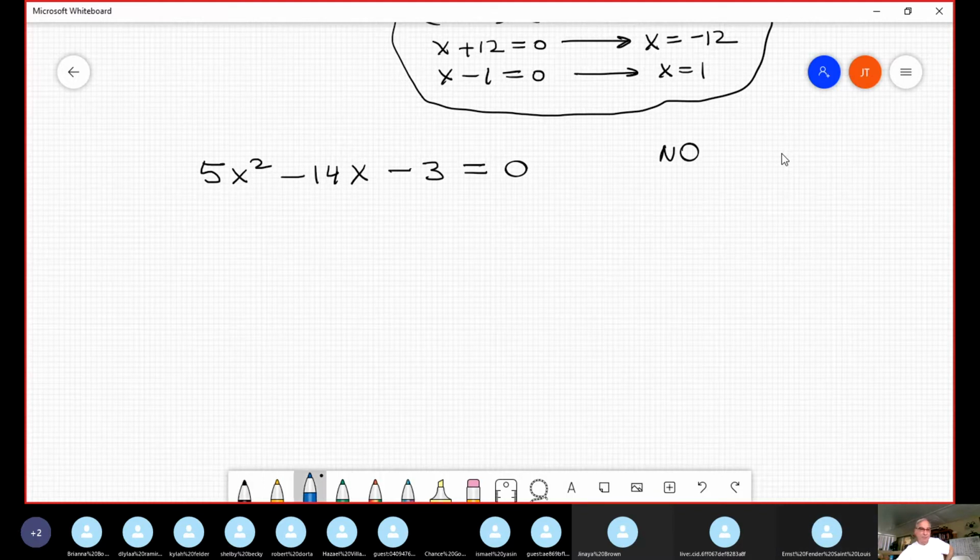Okay, so this is A, this is B, negative 14, and C is negative 3. I'm using the formula. The formula is negative B, but negative 14 is B, therefore it's positive 14. Do you follow me? I'm going to do it step by step, like a kindergarten guy. Yes, sir. Step by step.